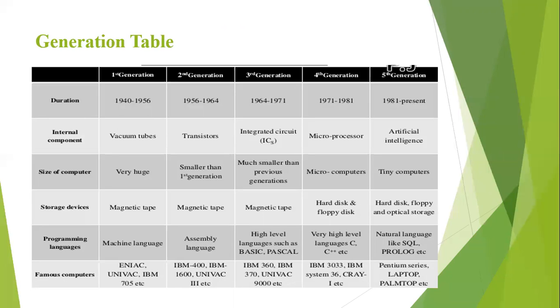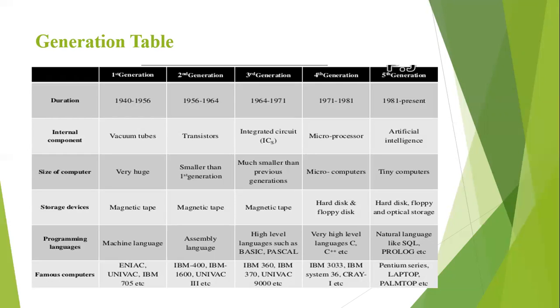All the generations have been written in the same table. First generation, second generation, third generation, fourth generation, and fifth generation. Duration, components, size, storage, programming languages, and the famous computers of each generation. Please go through this slide.